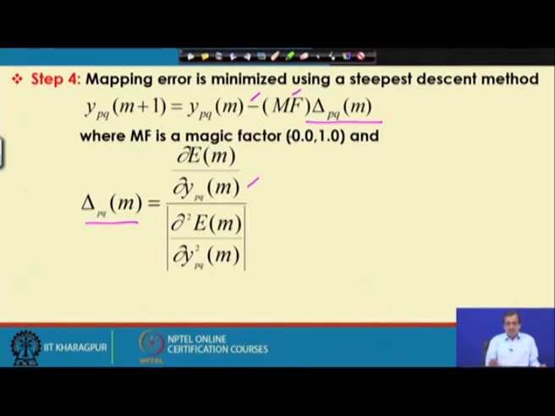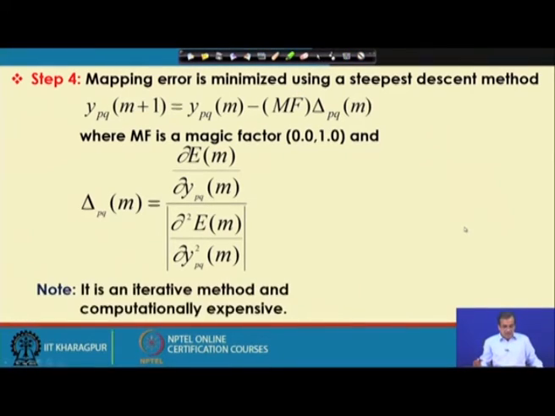So, using this rule for updating, this steepest descent method can minimize the error in mapping, and this method is an iterative method. Initially there will be a large amount of error, because the data points in lower dimension are generated at random.